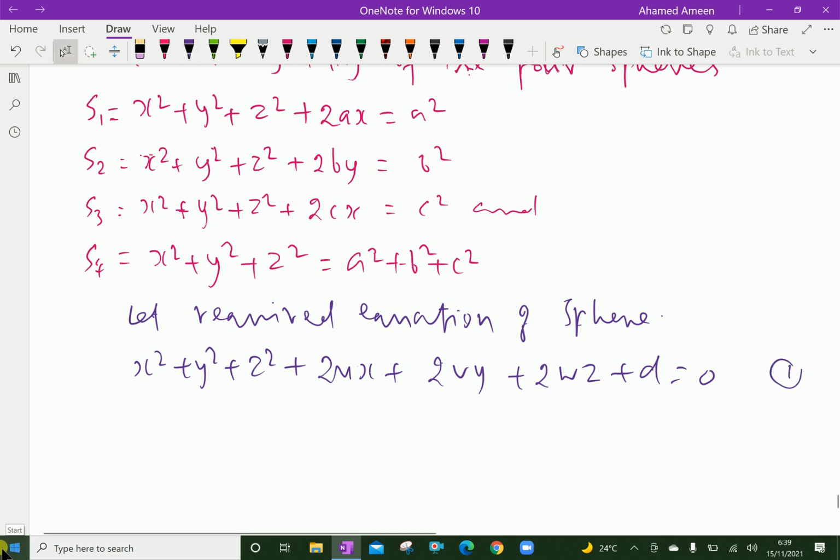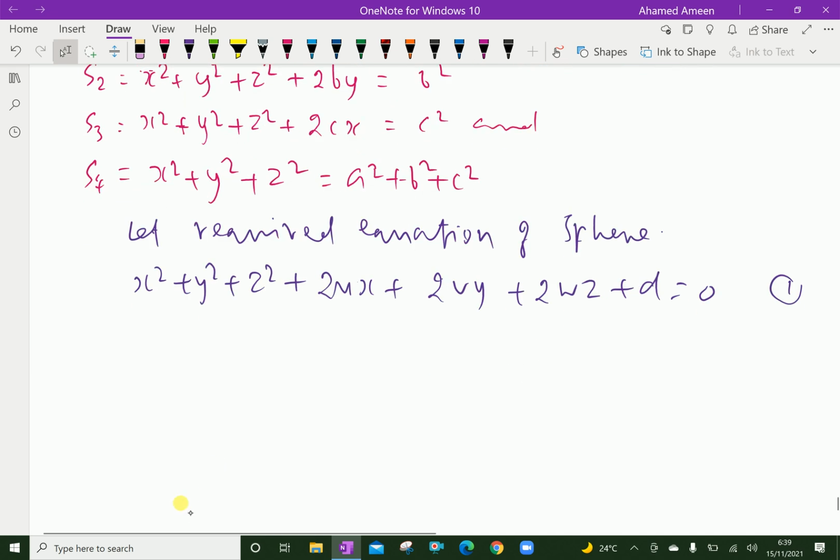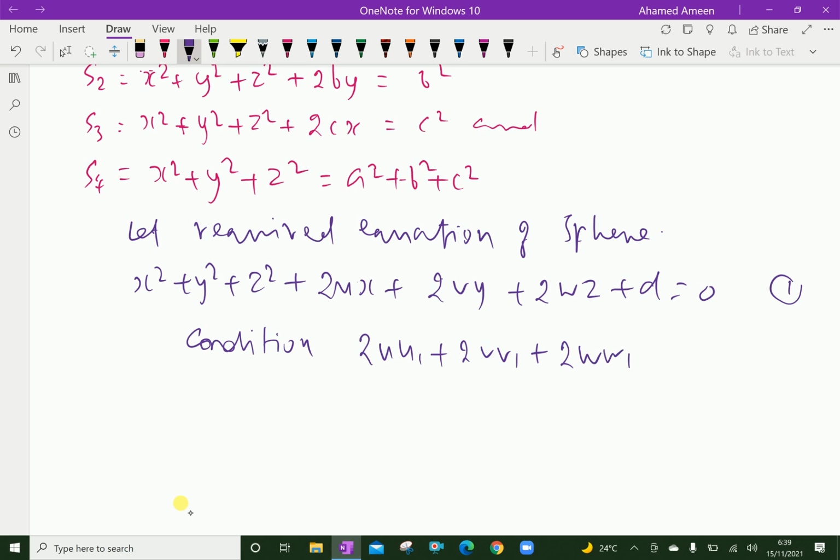Now, if this sphere cuts orthogonally with the first sphere, then we can use the condition. The condition for orthogonality is 2u u1 plus 2v v1 plus 2w w1 equal to d plus d1.